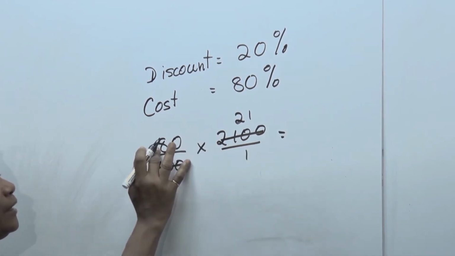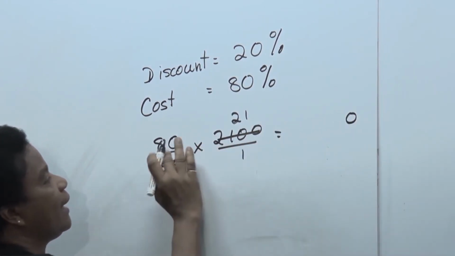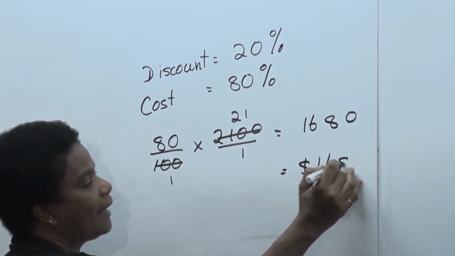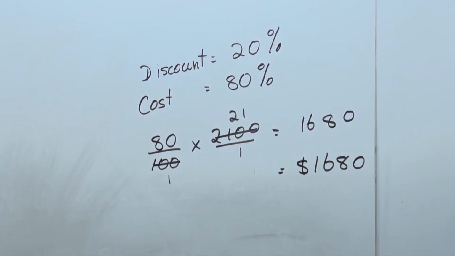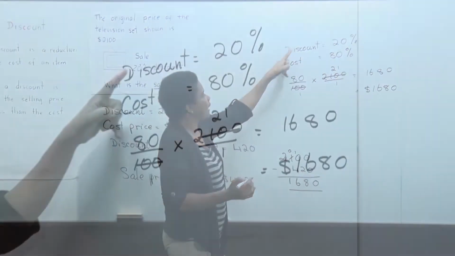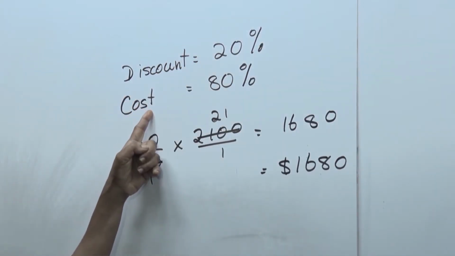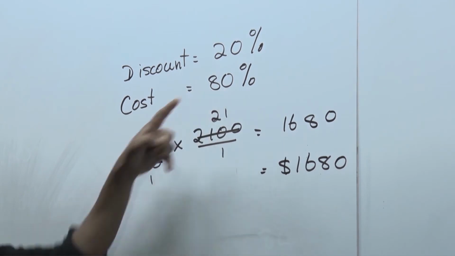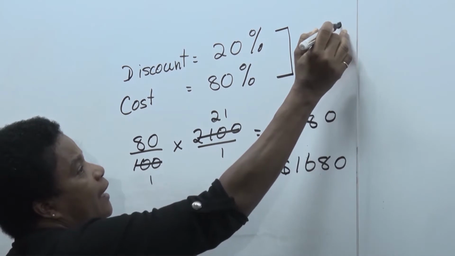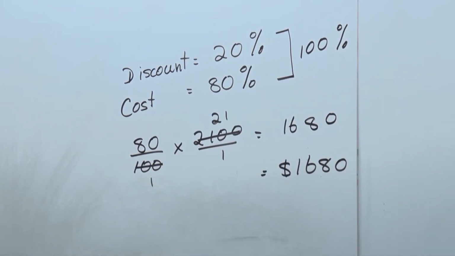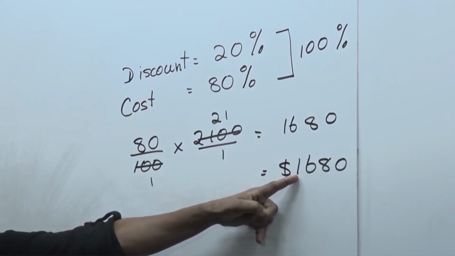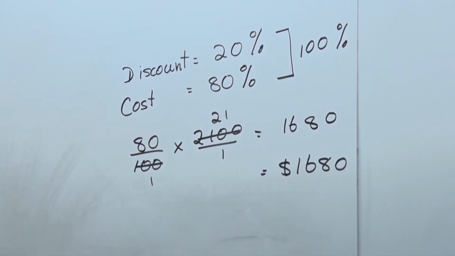And when I multiply 21 by 8, I'm going to get 1680. So I will get the same answer, whether you work out the discount and subtract, or if you're getting a discount of 20%, then the cost of the item is going to be 80%. Because when I add my 20% and my 80%, I should get back my whole of 100%. So 80% will give me the answer $1,680.